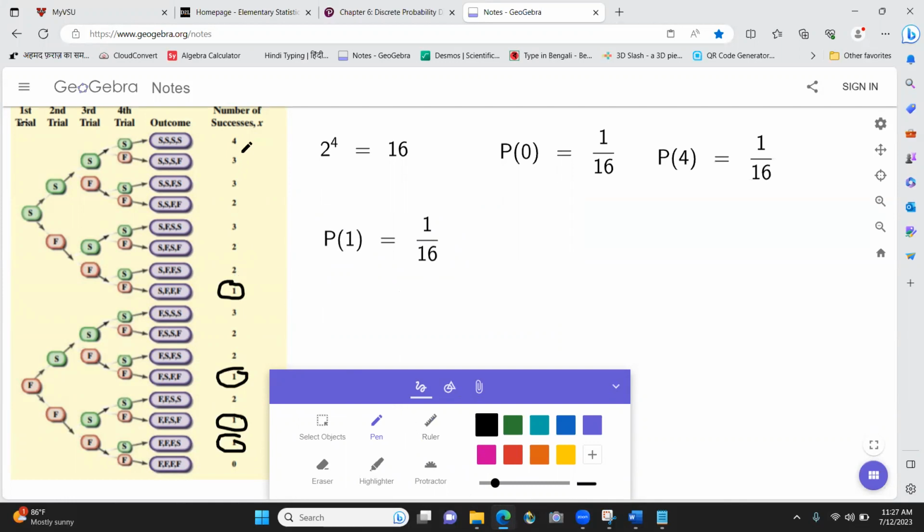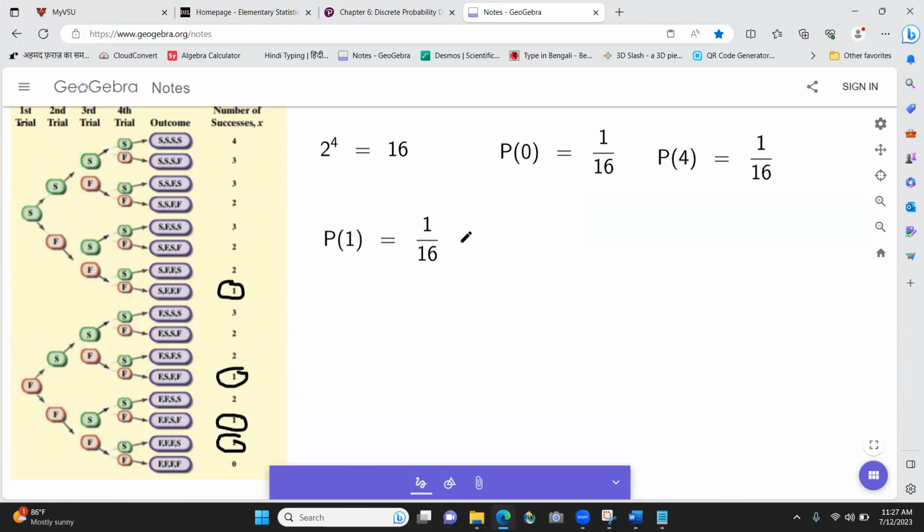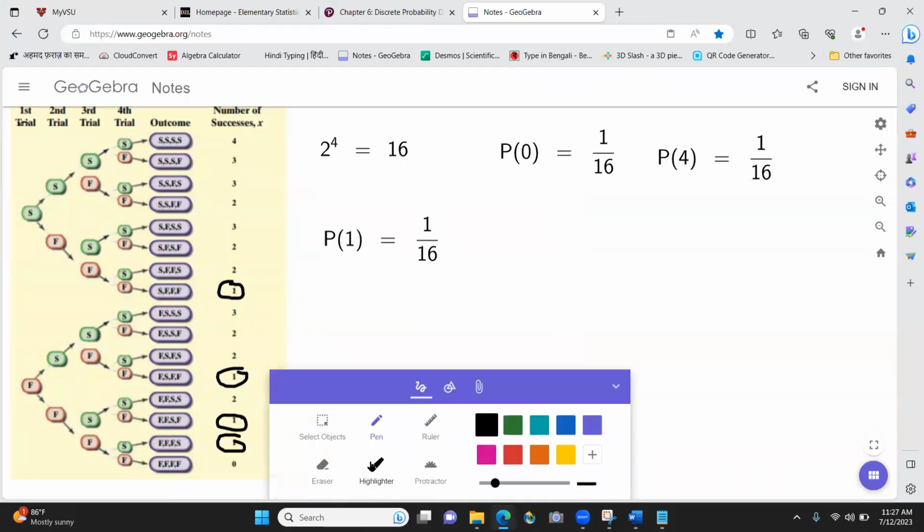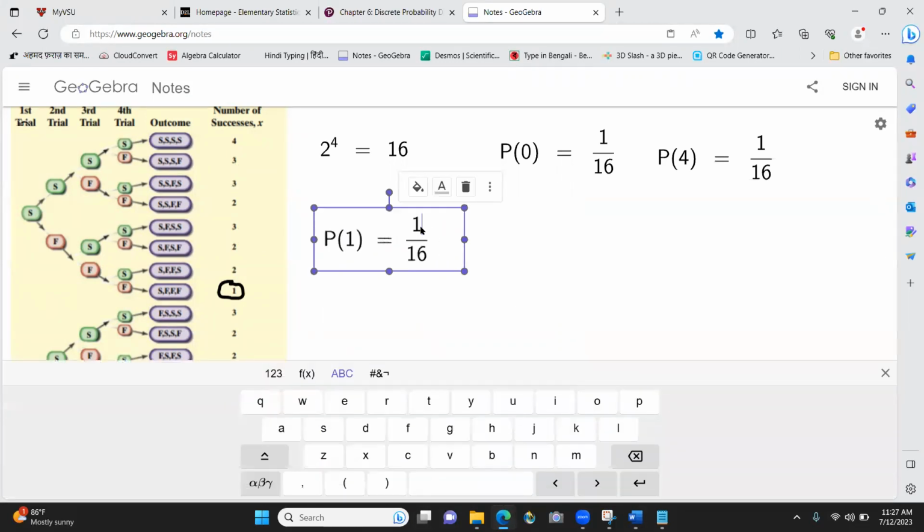All together, let me see if I missed anything. Exactly one success. So that's going to be 4/16. I'm going to leave it at 4/16, but of course you can write 1/4.